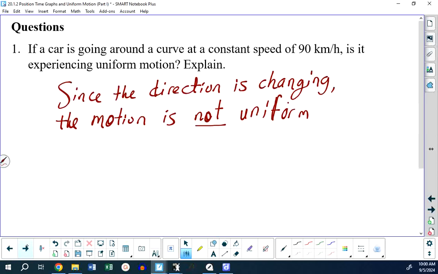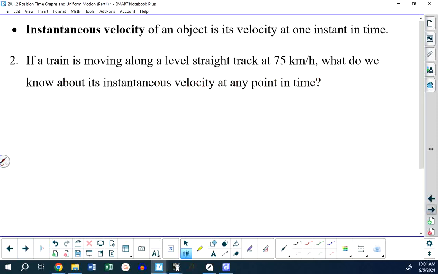Okay. Now, we distinguish, by the way, between speed or velocity over a time interval and speed or velocity at an instant in time by talking about instantaneous velocity. Instantaneous velocity you can think of as being kind of how fast I'm going at a particular point in time.